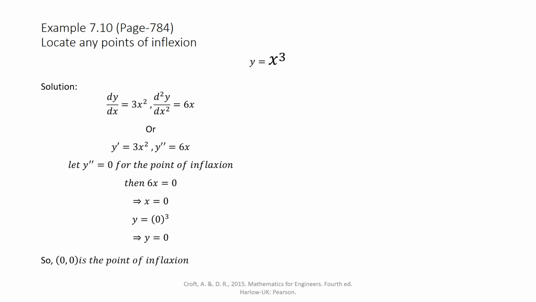So 0, 0 is the point of inflection, which tells us that before this and after this point the curve will have both concavities. So let's see the graph. Actually it is concave down before the point of inflection, and it is concave up after the point of inflection.